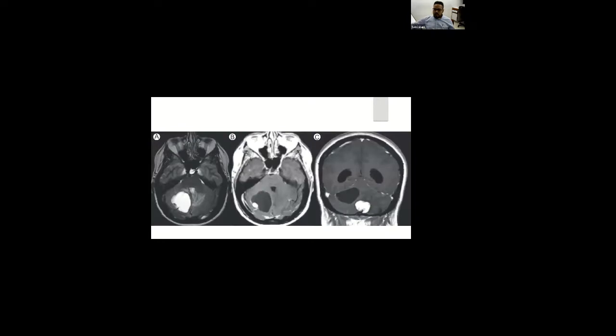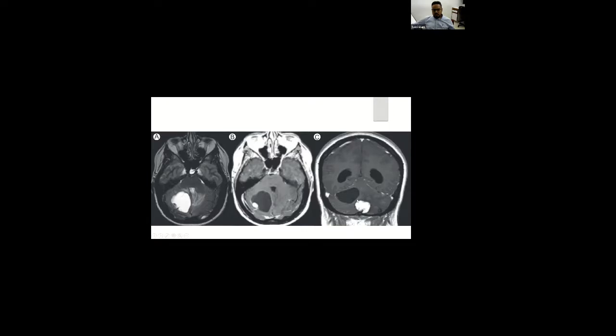Another case in which the axial T2 weighted image shows a hyperintense mass within the right cerebellar hemisphere, and there is a hypointense nodule, which you can see here along the periphery. On post-contrast images, you can see that the nodule is showing avid enhancement, and on subsequent coronal images, you can see that this is the lesion which we were seeing here.